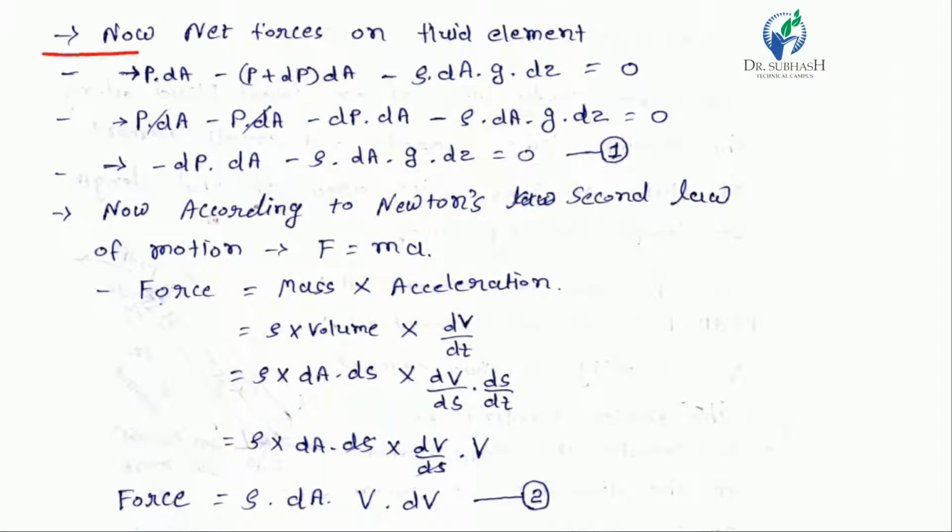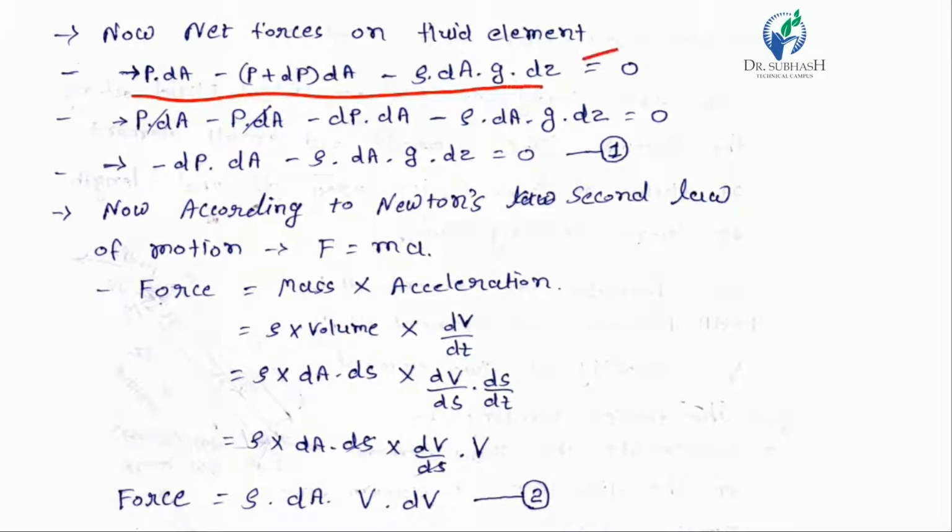Next, the net force applied onto the fluid element: the summation of all forces onto the fluid element. So pressure force at L side, pressure force at M side, and the component of weight in the direction of flow. The sum of all forces is equal to 0.